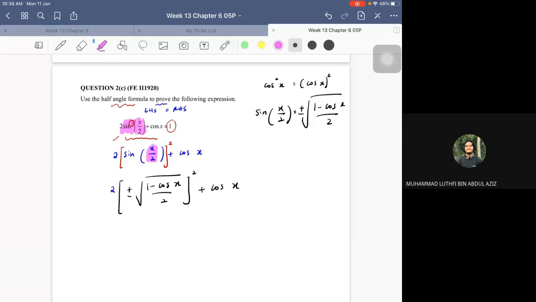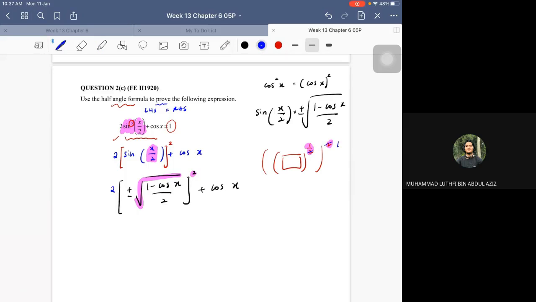Sebab kat sini, ni adalah square root. Yang ni adalah square. So apa yang berlaku, if you remember, square root tu dia adalah kuasa setengah. So kita ada function kita, this is going to be our function. So this whole thing adalah kuasa setengah. Lepas tu kita squarekan dia, automatically these two they are going to cancel each other. So setengah dengan 2 ni dia akan cancel each other.